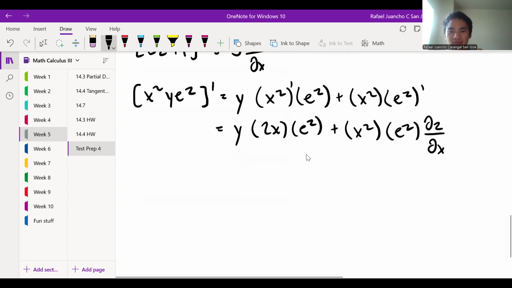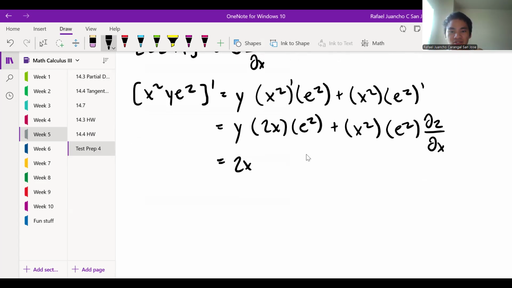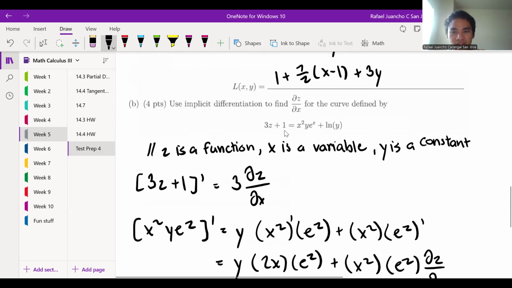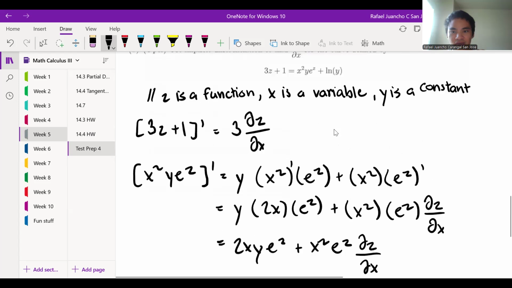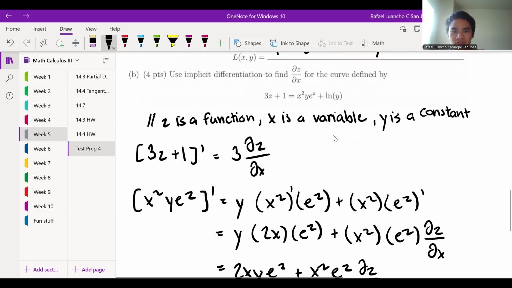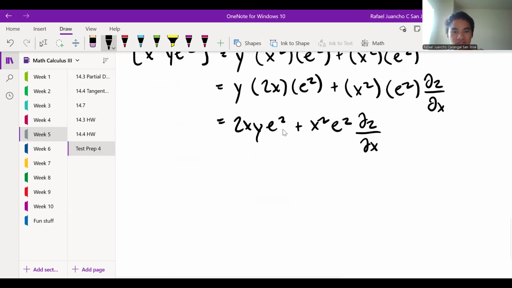Here we go. And so from there, I get 2xy e to the z plus x squared e to the z partial, right? Okay, what else? We have ln y. Well, ln y is just nothing, right? Because that's a constant. So we're left with this partial is equal to this.